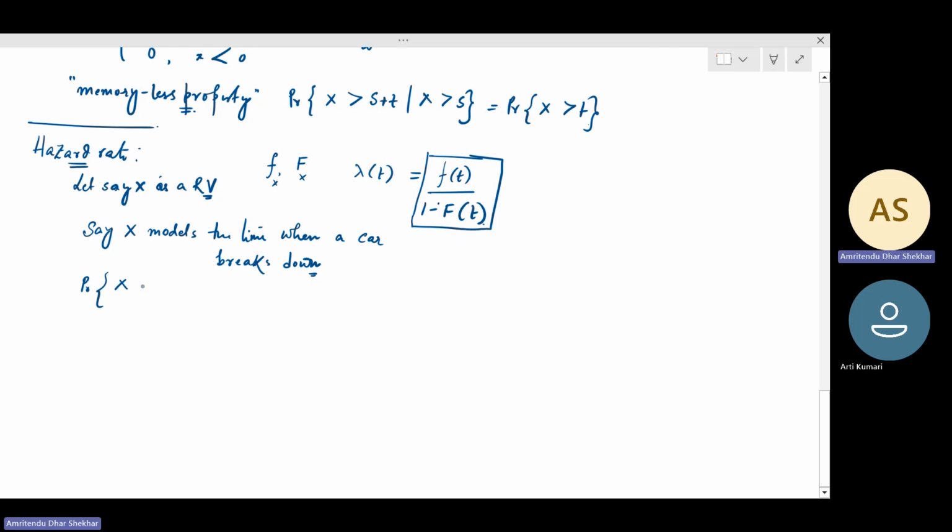Let's say, what is the probability that x will be in t comma t plus delta t, given that x is greater than t?